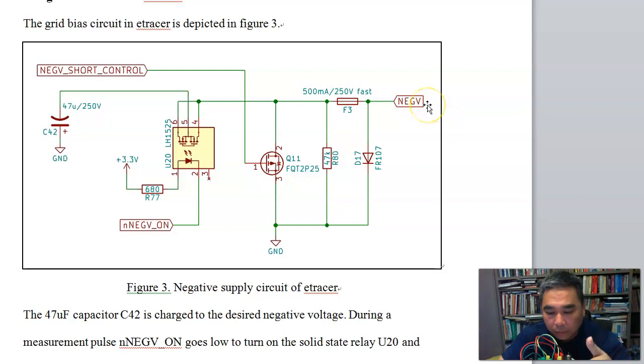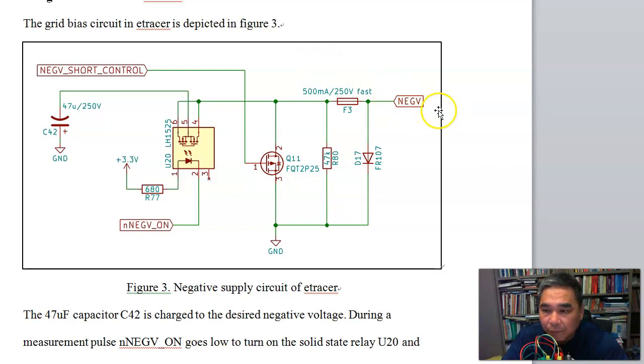If we remember, etracer can test a twin triode simultaneously because etracer has two high voltage supplies. So what we do is we just connect this to the grid of both sections inside the twin triode. This is okay because the ESR, the output resistance, is really low, so the voltage appearing on both sections should look similar.